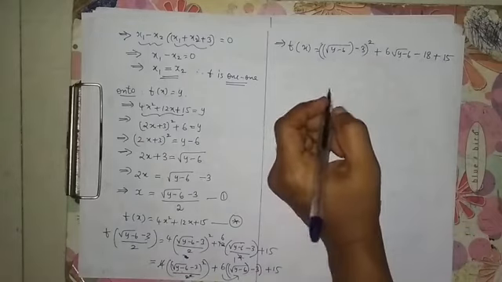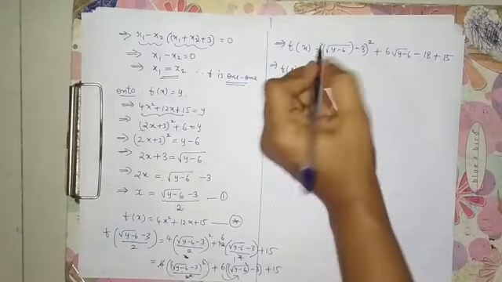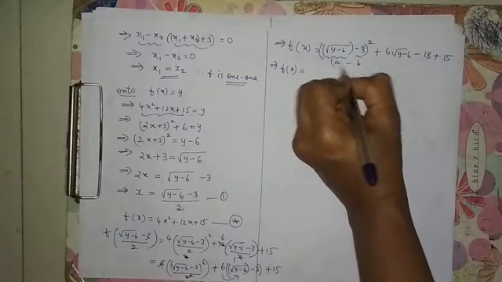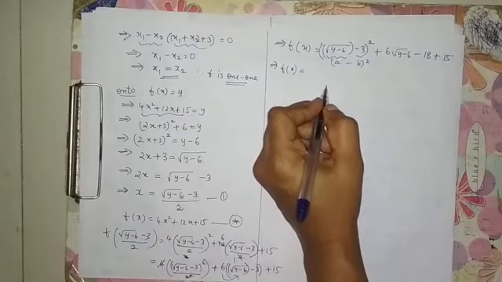So here implies f of x equal to, this is your a and this 3 is your b. So (a minus b) whole square. So that will be a square minus 2ab plus b square.